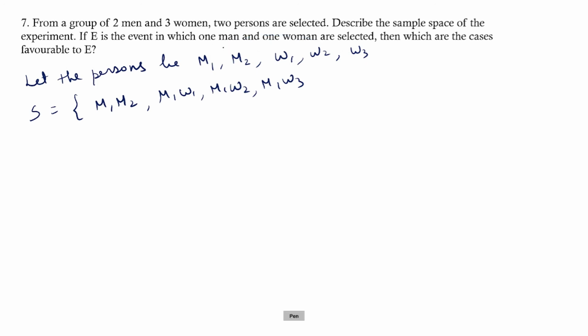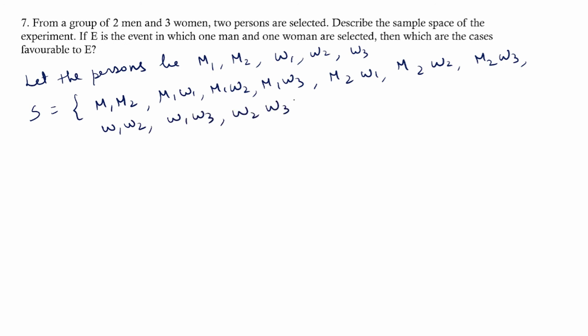And then again from M2: M2, W1, M2, W2, M2, W3. Then W1, W2, W1, W3, and finally W2, W3. So this is the sample space.